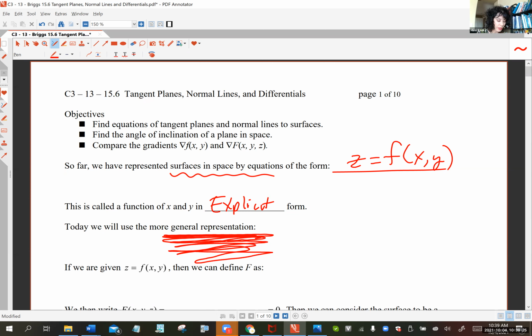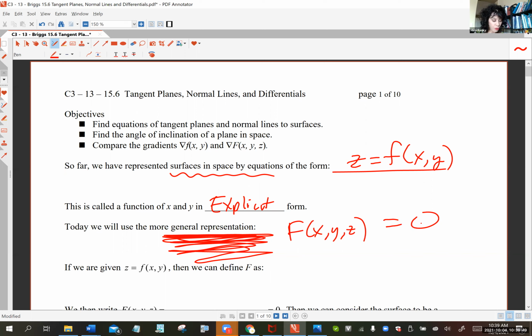Okay, I really want to stress this because sometimes students just don't get that the underlying foundation for this section is we're going to represent surfaces by having all the x's, y's, and z's on one side of the equation, so just move them over there if you need to, and then a zero on the other side.